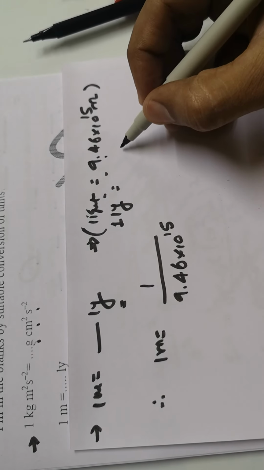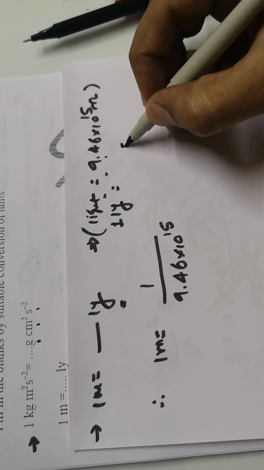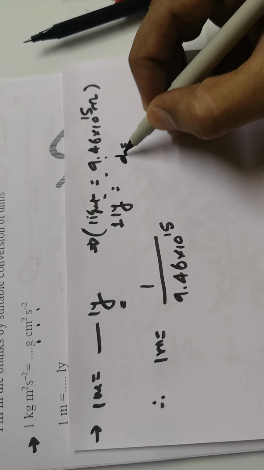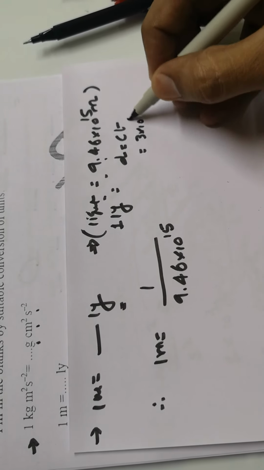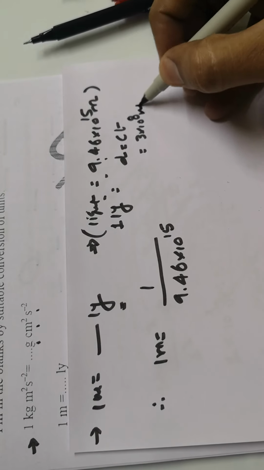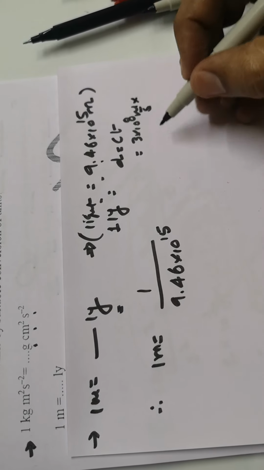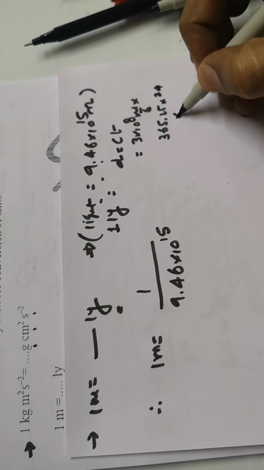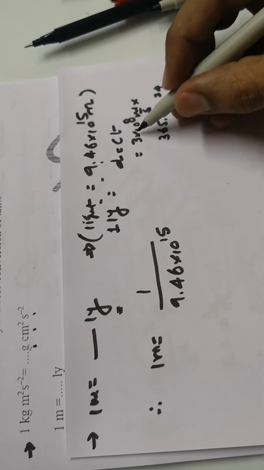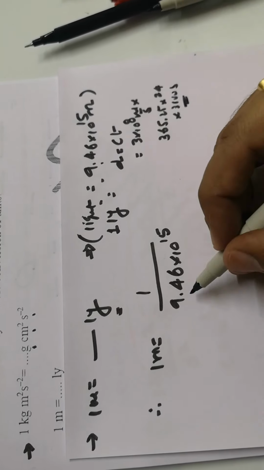If you remember the formula, distance equals ct. c is 3 cross 10 to the power 8 meter per second, and this is the time: 365.25 days, 24 hours and 3600 seconds. That is how we found it.